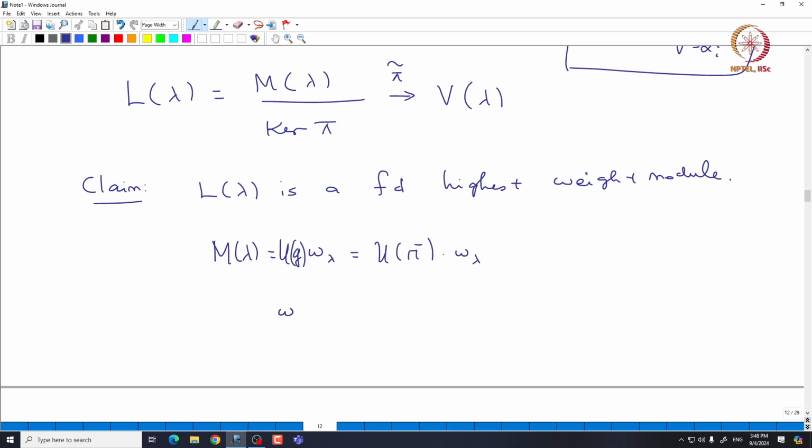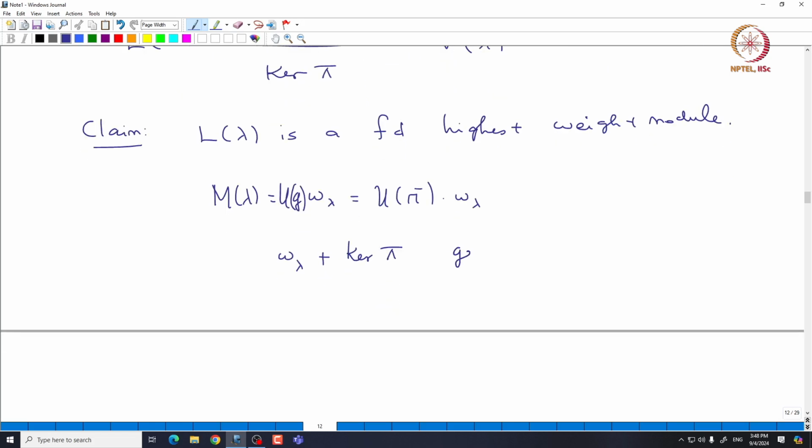Then we can look at w_lambda plus kernel pi. This is going to be a cyclic generator for L of lambda, because L of lambda is just a quotient of M of lambda. Now you can easily see that this vector is indeed a highest weight vector.